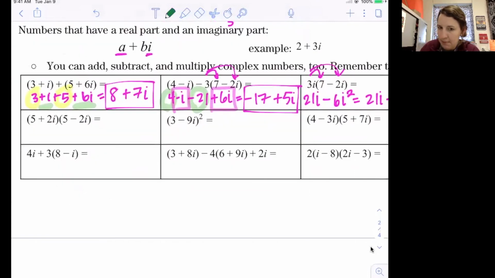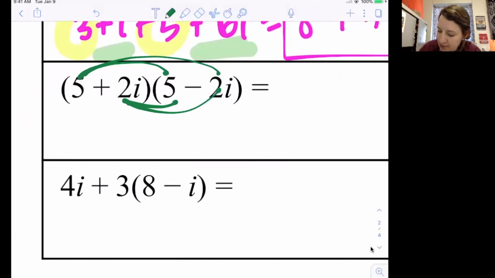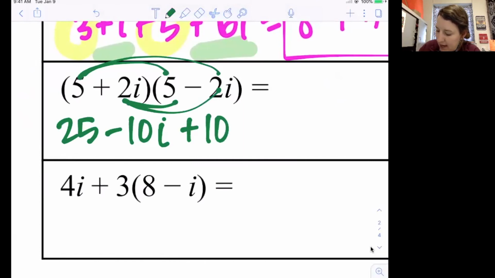Our next example, we have two binomials that we're multiplying together. So here we're going to have to distribute or use FOIL, if that's what you want to call it. So I have 5 times 5 is 25. 5 times negative 2i is negative 10i. 2i times 5 is positive 10i. 2i times negative 2i is negative 4i squared.